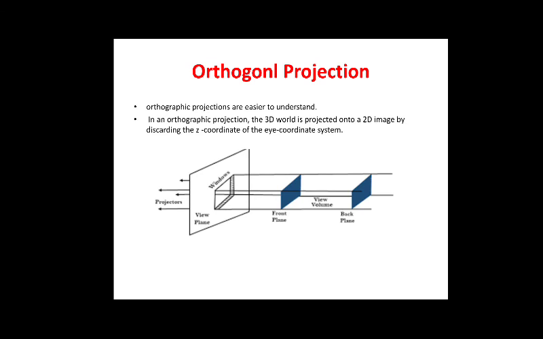It is formed by extending a parallel line from each vertex of the object until they intersect the plane of the screen. You can see the lines are projecting from here and intersecting the particular plane, and the projection lines are passing through that plane.